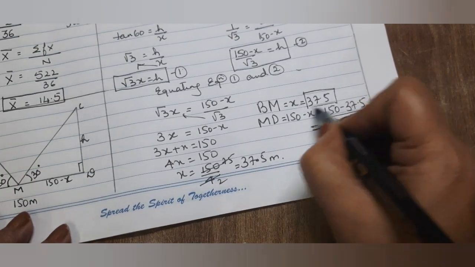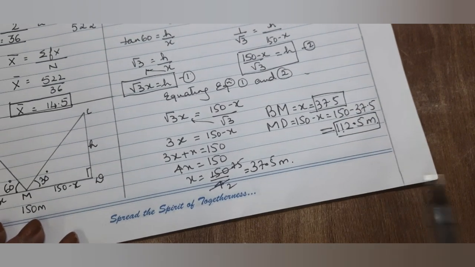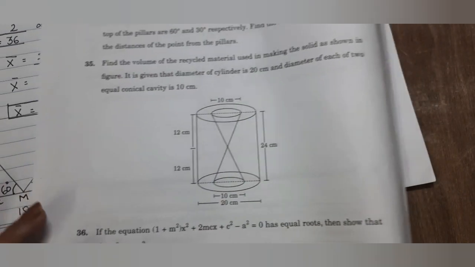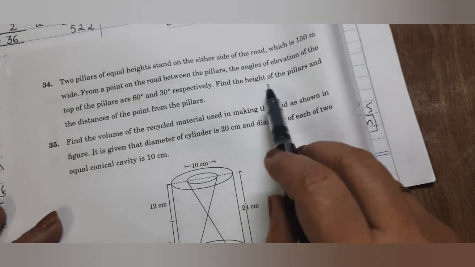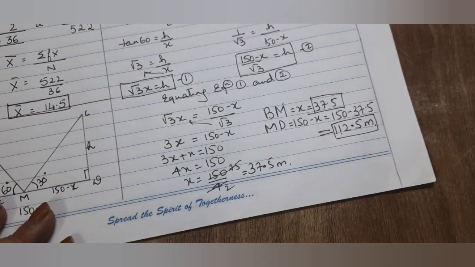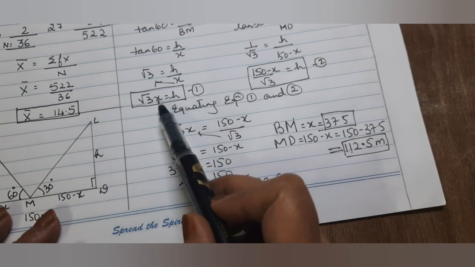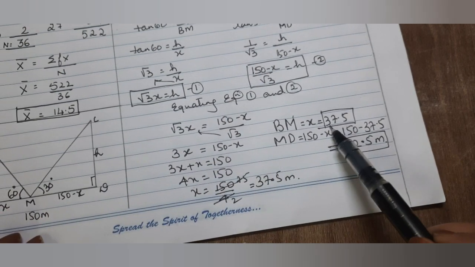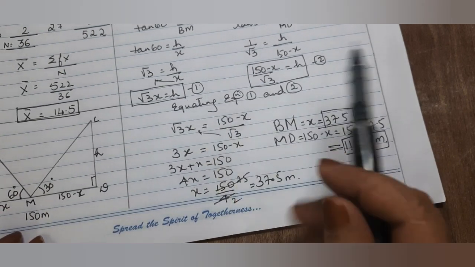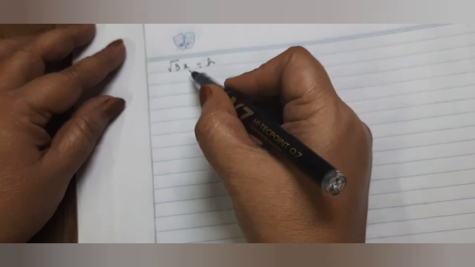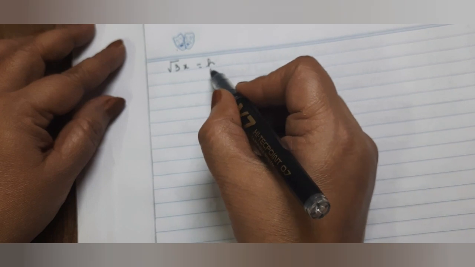Box this to highlight your answer. They also ask us to find the height of the pillar. So we will substitute here, this would be easier for us. We'll substitute x as 37.5. So h equal to, here equation 1, root 3x equal to h.